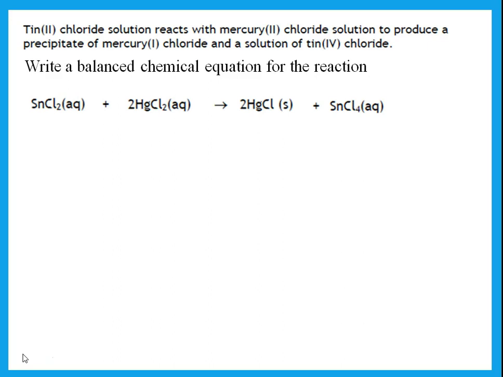Balancing, you need to put 2 in front of the HgCl2 and 2 in front of the HgCl. Are we familiar with the balancing, or we still have a problem with balancing? You count on both sides of the arrow and you increase the one that is less.